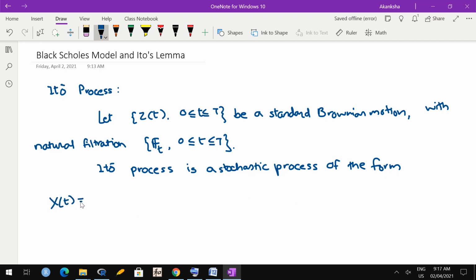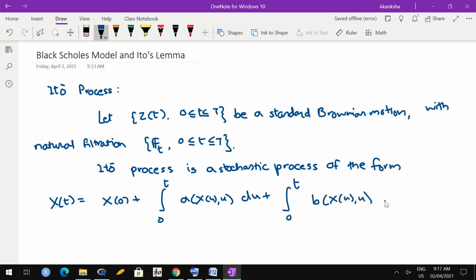So Xt is an Ito process if it satisfies this form: Xt is X naught plus the integral from 0 to t of a(Xu, u) du plus the integral from 0 to t of b(Xu, u) dZu.